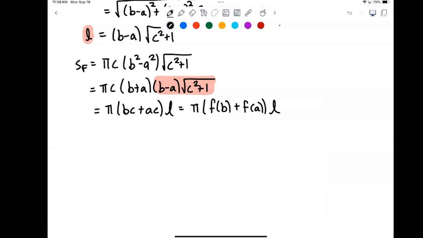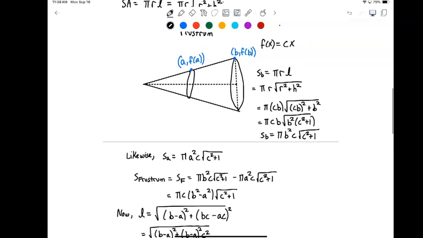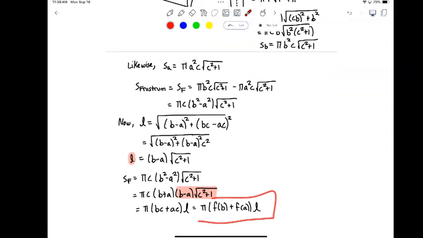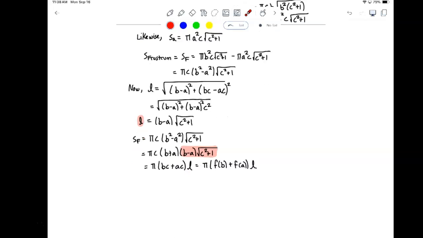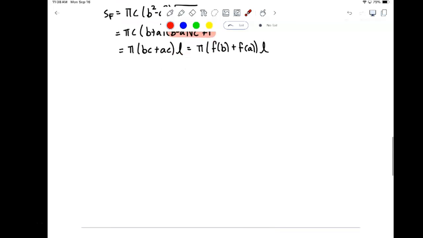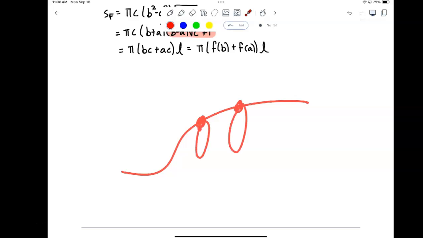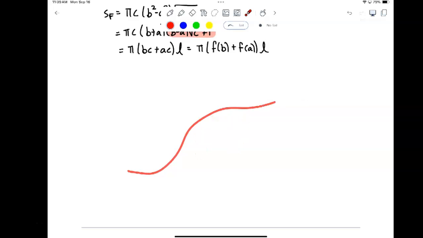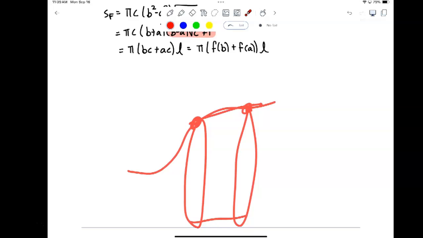So the whole reason we were looking at frustrums, and we wanted a formula for the surface area of that, is because if we have some curve here, and we're revolving that to generate our solid, what we're going to do is subdivide it and compute the surface areas of these different frustrums.